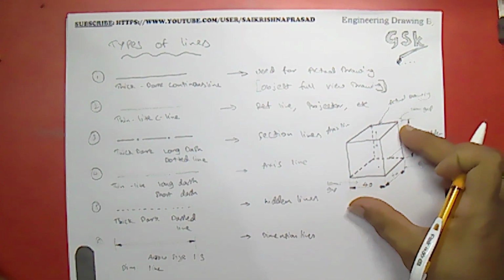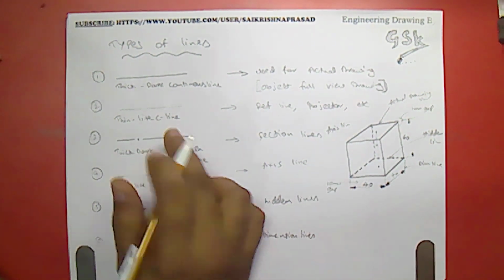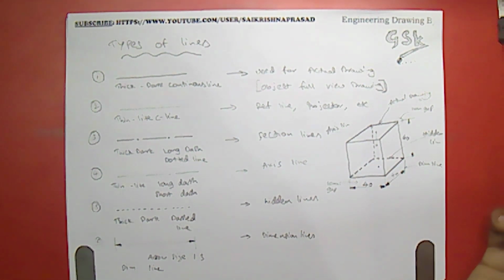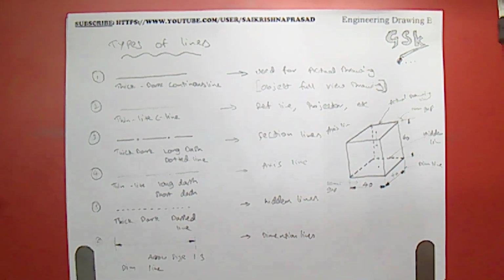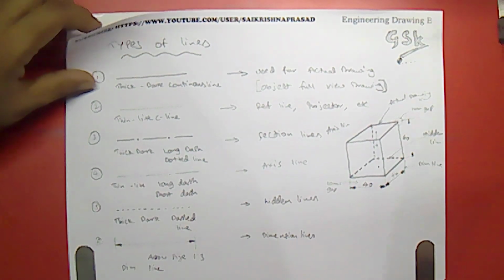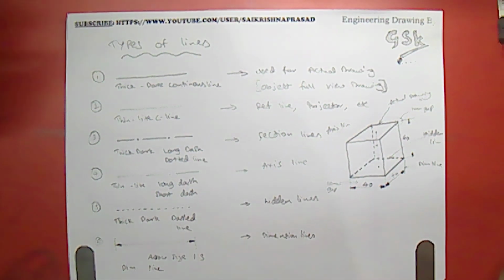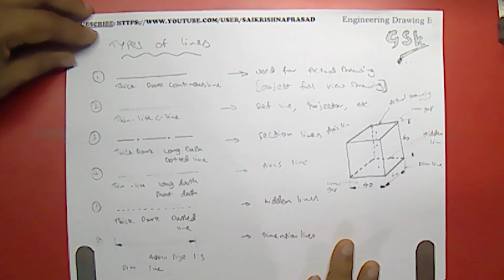So here in this figure, we don't require the thin light continuous lines, the reference lines, because we are drawing only a simple object. In the coming sections, we are going to discuss all these types of lines, where and how they can be used. Hope everyone understands the types of lines we have to use in a drawing.